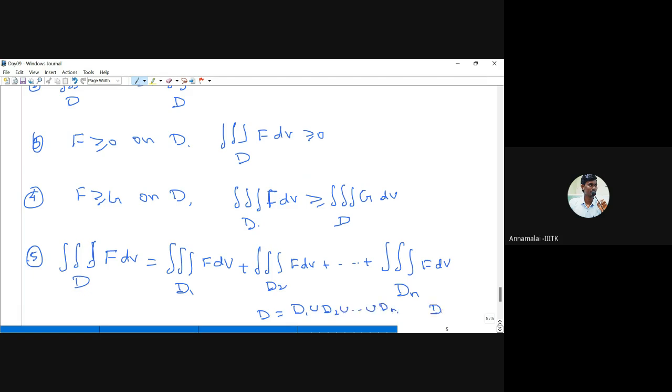But if you take any two of them, the intersection Di intersection Dj should be the empty set. So if D can be expressed as a union of disjoint sets, then we can split the integration.